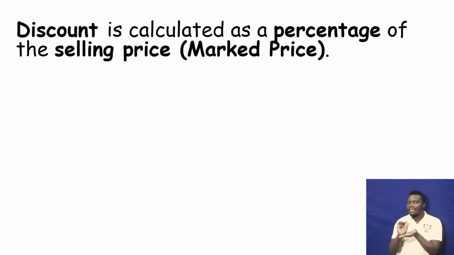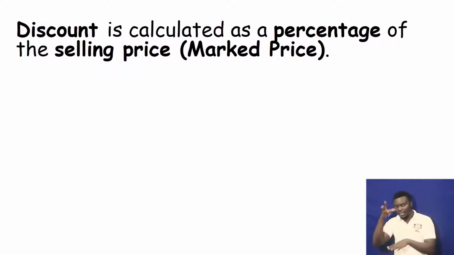So let's calculate the discount. We've just learned that the discount is a percentage of the selling price. So 10% of 50,000 is the discount that Sarah receives if she pays in cash.